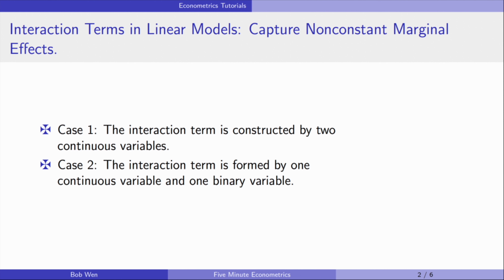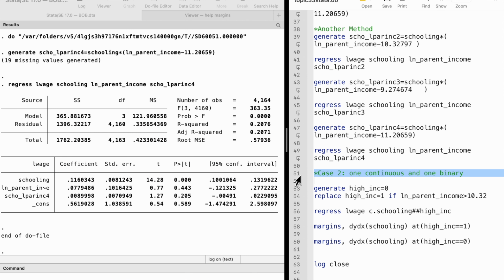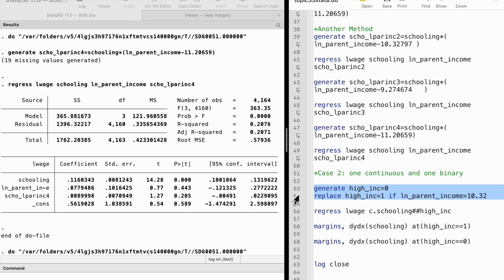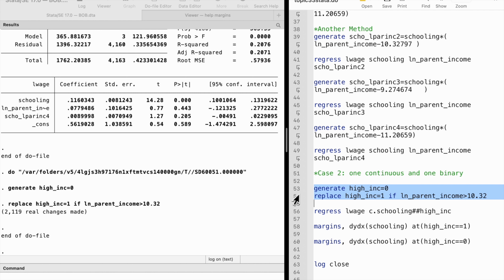The second case occurs when the interaction term is formed by one continuous variable and one binary variable, with the variable of interest being the continuous variable. We use the same sample to show this case. We divide parents' income into two groups and define a binary variable that equals 1 if parents' income is high and 0 if it is low.